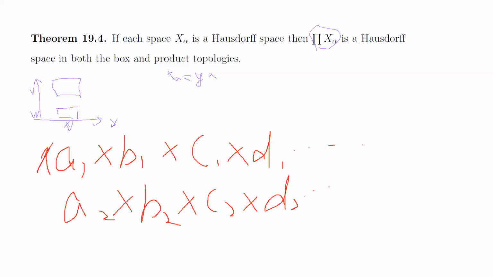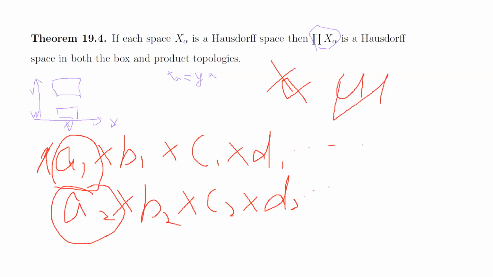So if each space is a Hausdorff space, maybe in this one, they both belong to a Hausdorff space X alpha, and because it is a Hausdorff space, we can find two neighborhoods, maybe U1 and U2, where they are disjoint, and so these two.